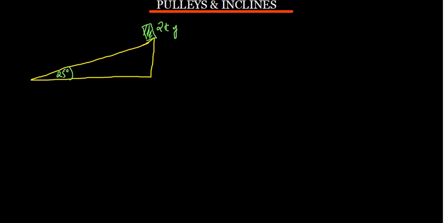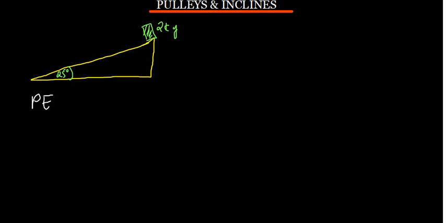So what will be the velocity it is going to have when it reaches the bottom here? Considering that this object is going to be sliding, the only energy it possesses on top is potential energy.